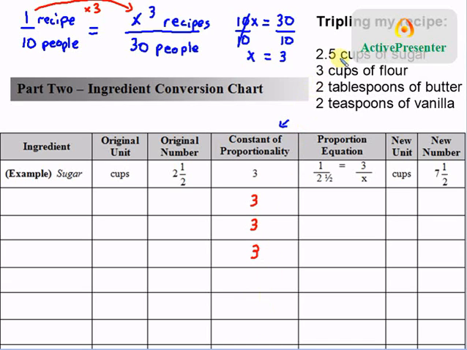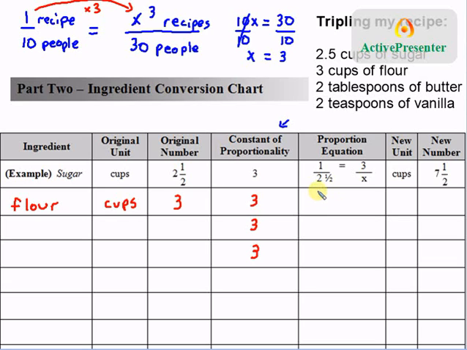Now, we need to go about the work of actually converting this recipe. We have 2.5 cups of sugar; we've already done that here. Let's go to 3 cups of flour. So we'll put down flour here, measured in cups. My original number was 3. And my constant of proportionality is what I'm multiplying everything by if I'm tripling it. I know that 3 times 3 is 9, but I want to set up a proportion.